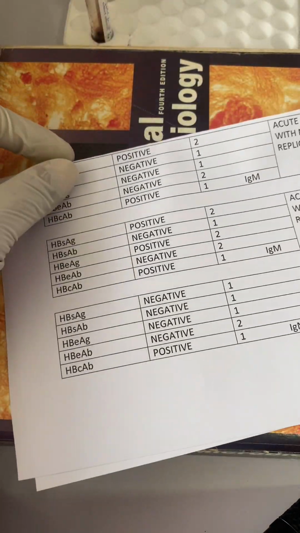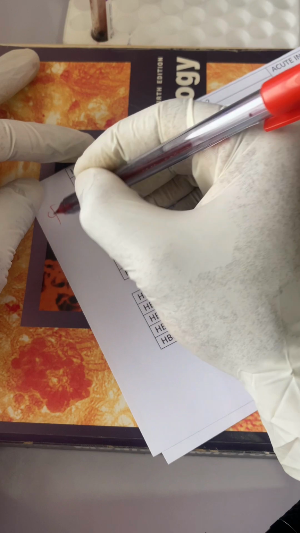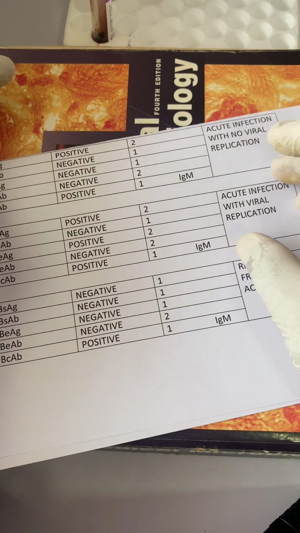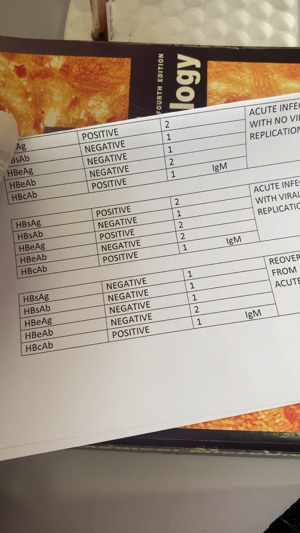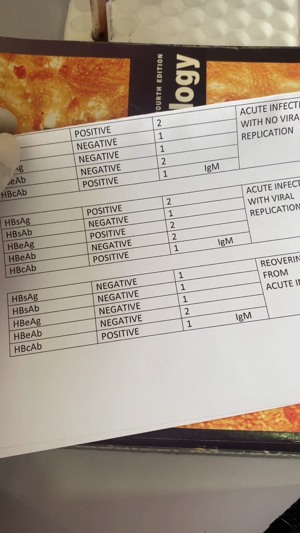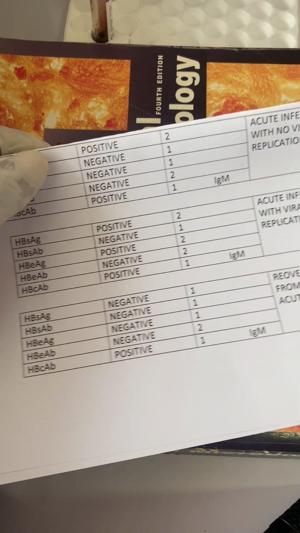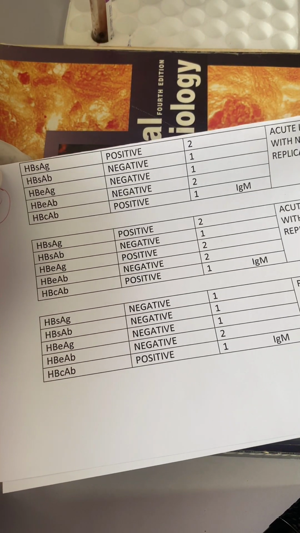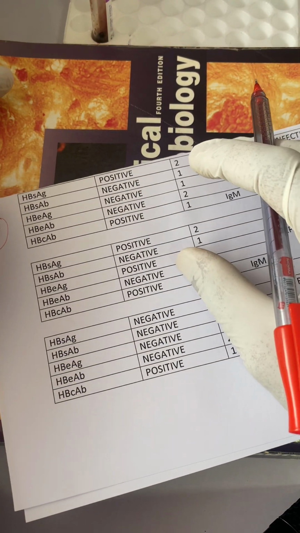Okay, so let's go to number 4. Number 4 is somebody who has the virus, let's say recently had the virus, and it is not replicating. So you're having an acute infection. This is how your hepatitis B profile will look.